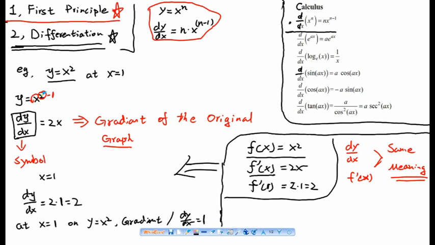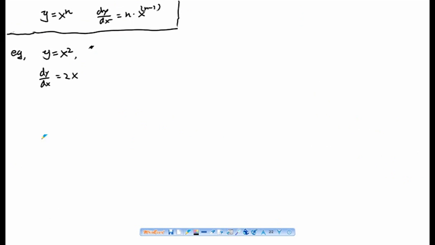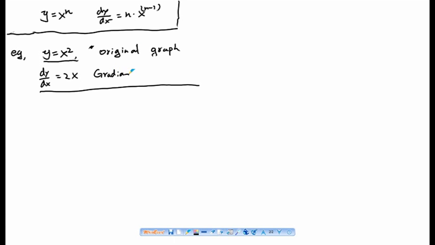Move the power to the front, and the new power is minus 1. This one is your original function, the original graph, and this one is the gradient of your original graph.